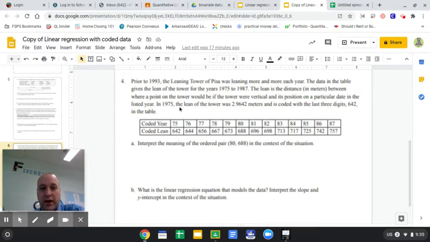So in 1975, the lean of the tower was 2.9642 meters and is coded with the last three digits, 642. So instead of typing 2.9642 and 2.9644, they just put 642.